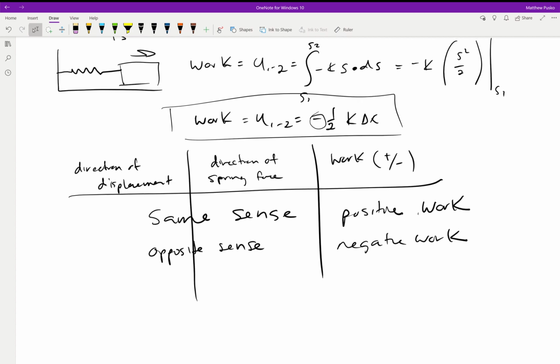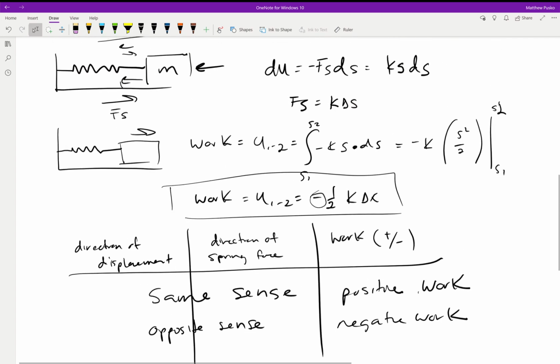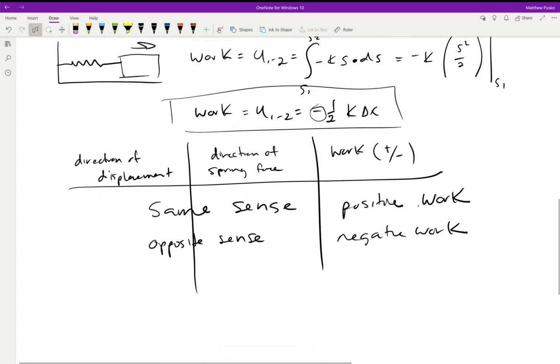Alright, thank you. We'll see that we can treat friction similarly to the work of a spring force.